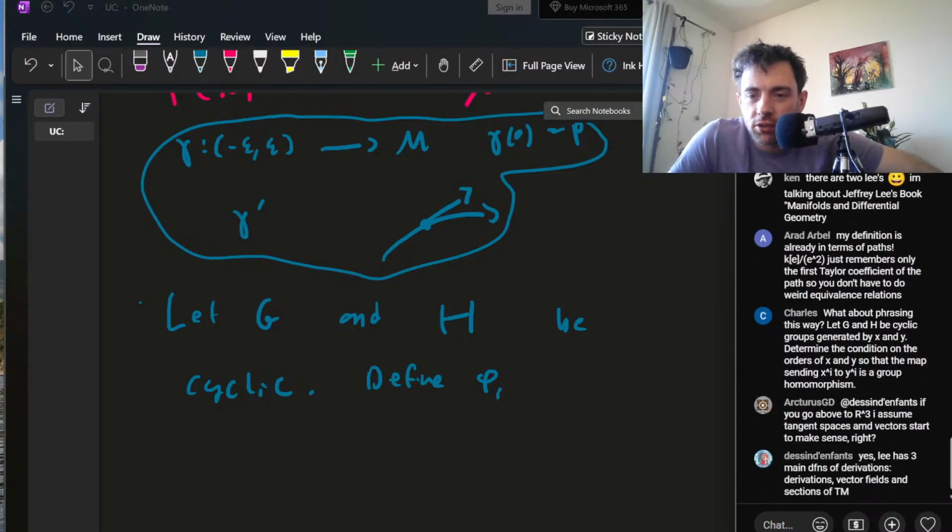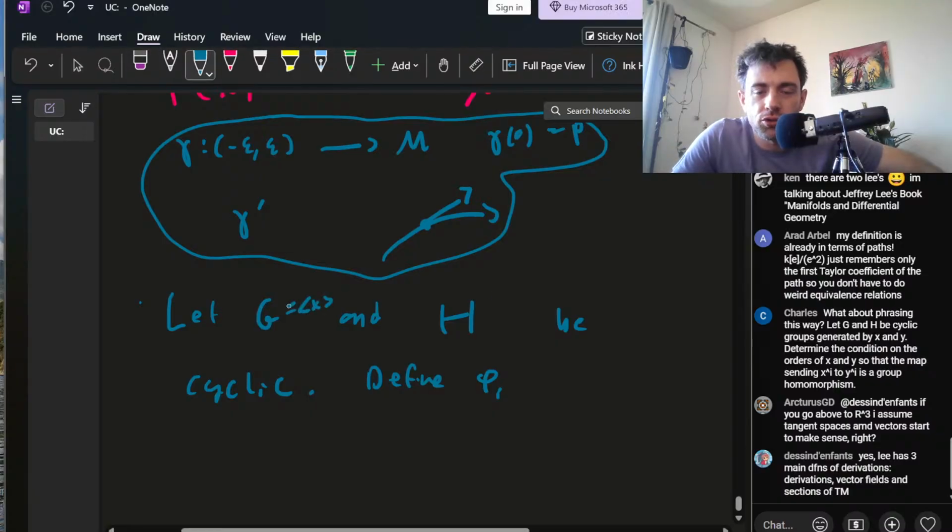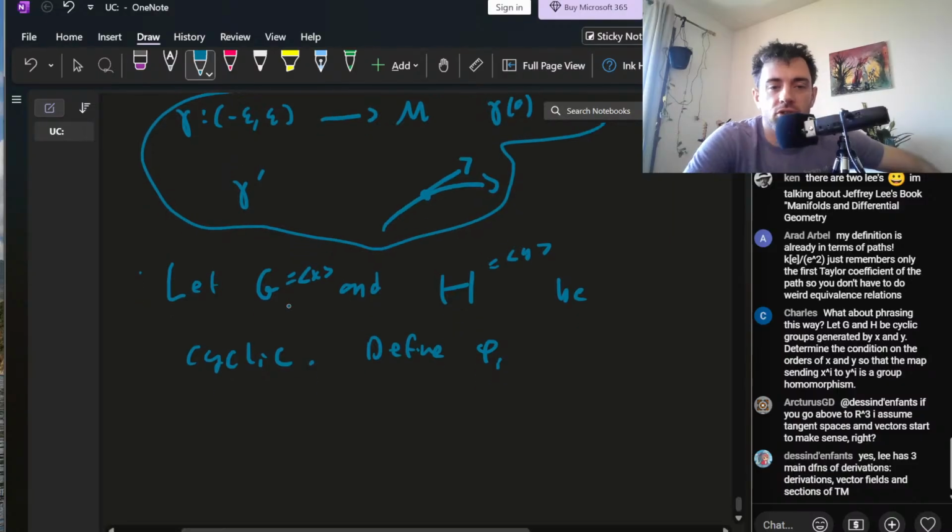Let G and H be cyclic groups generated by X and Y. Right. So, well, then there's no conditions on the orders of X and Y. Oh, sorry. Okay. I misunderstood. Right.